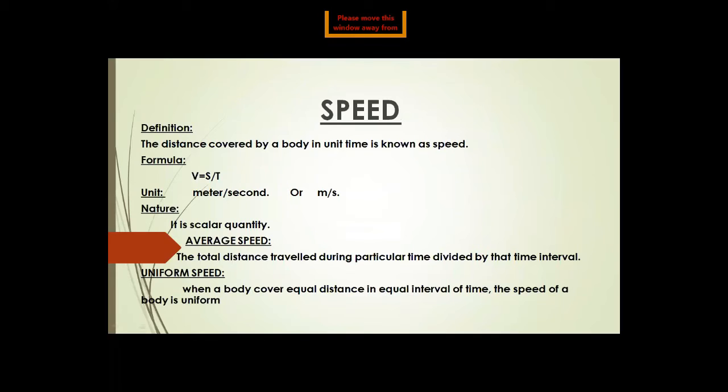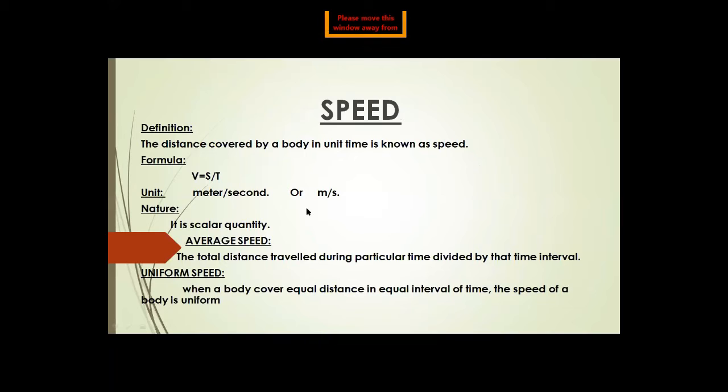Okay. Now the next physical quantity after distance and displacement is the speed. Now speed is another physical quantity which most of the time we hear in our daily life. Speed, we can say that the distance covered by a body in unit time is known as speed.